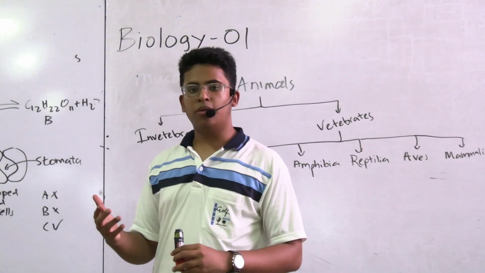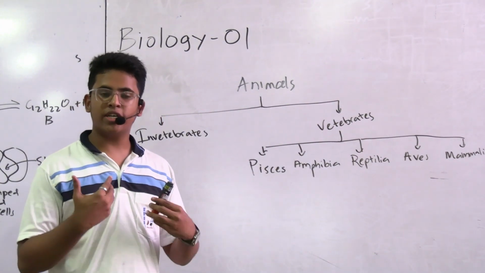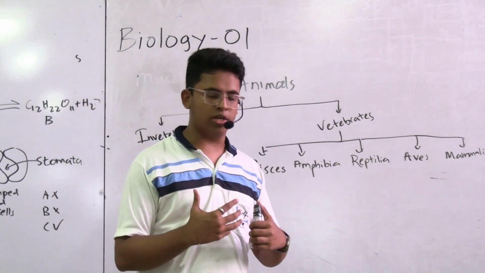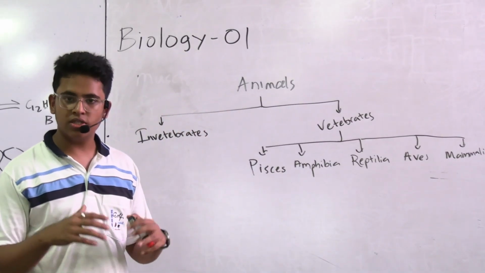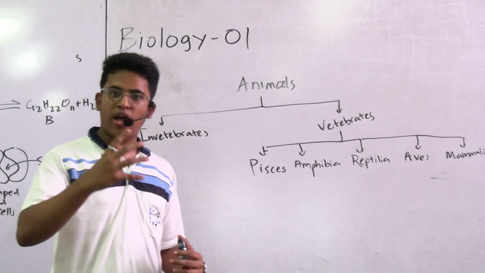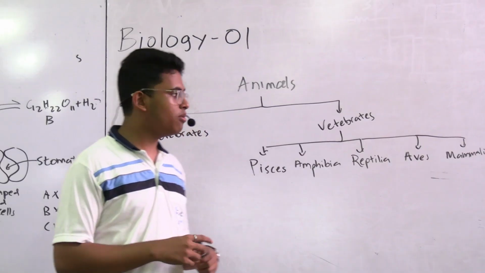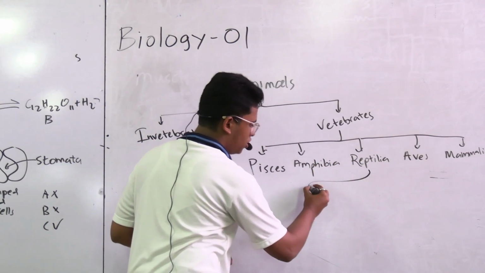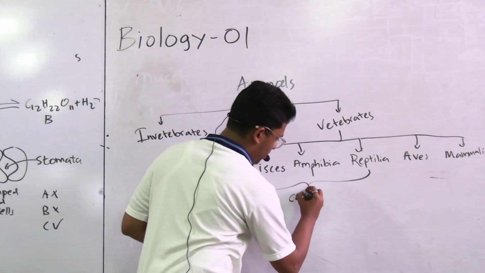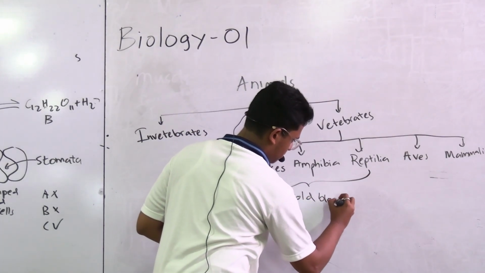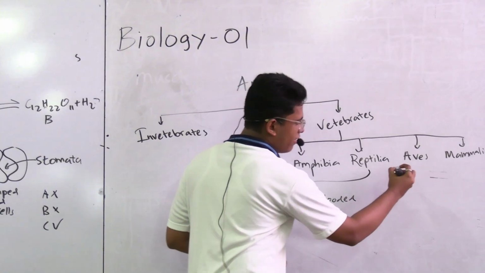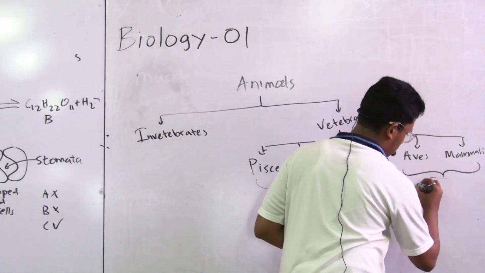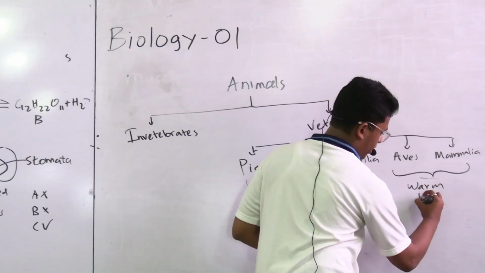Even if external temperature changes, these organisms' internal body temperature will still remain constant and maintain their body conditions in normal values. So they have more survivability chance. So Pisces, amphibia, and reptilia, all 3 of them are cold-blooded. Aves and mammalia are warm-blooded.